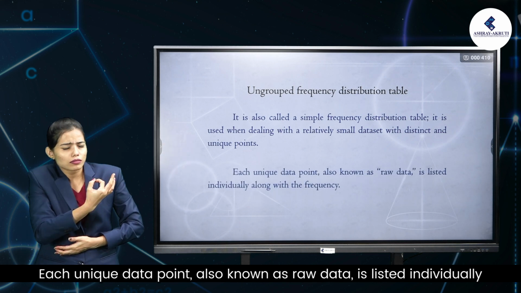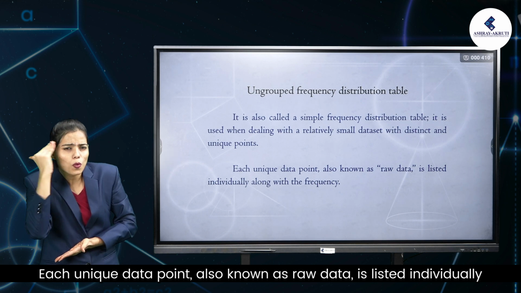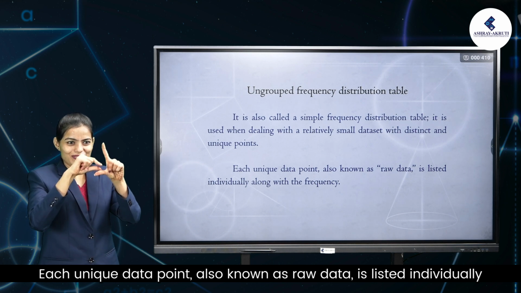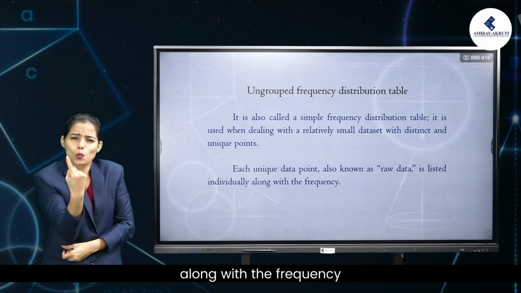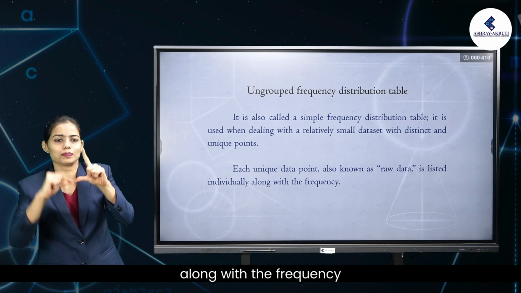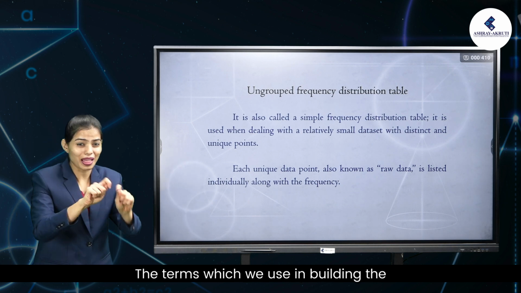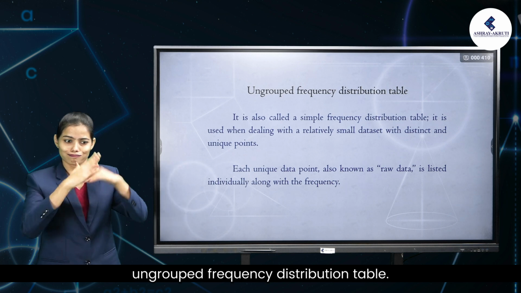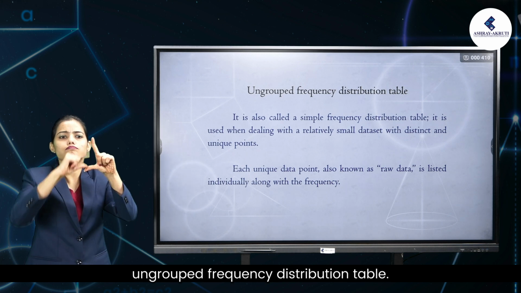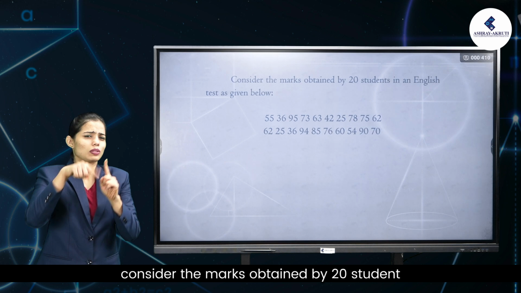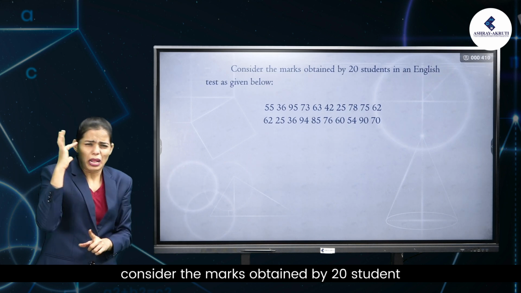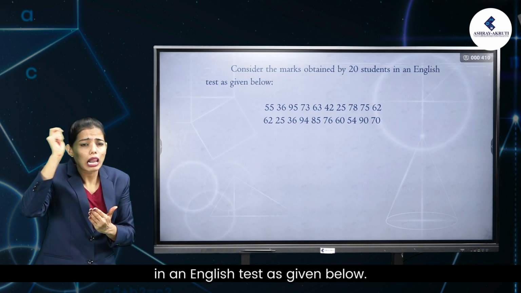Each unique data point, also known as raw data, is listed individually along with the frequency. Let us see the terms which we use in building the ungrouped frequency distribution table by taking an example. Consider the marks obtained by 20 students in an English test as given below.